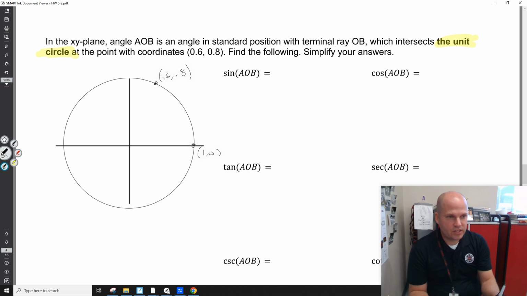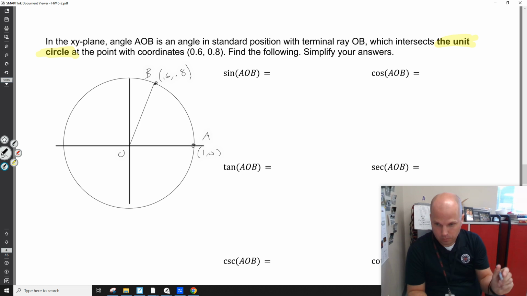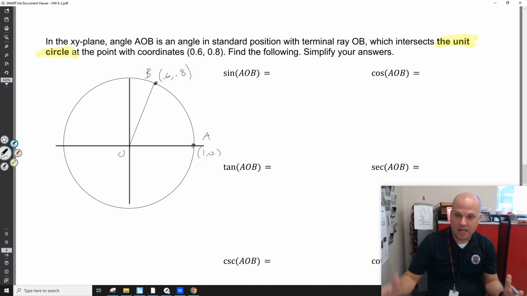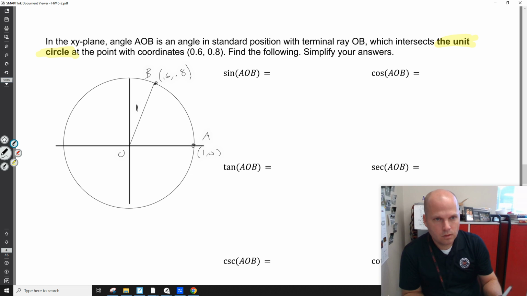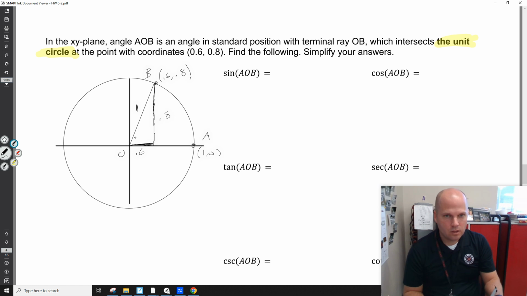This is angle AOB in standard position, terminal ray OB, boom. Find the sine of AOB. We don't know the angle, but since we know the radius and we know the x distance, 0.6, and the y distance, 0.8, we have placed a triangle inside a circle, and this theta is angle AOB.